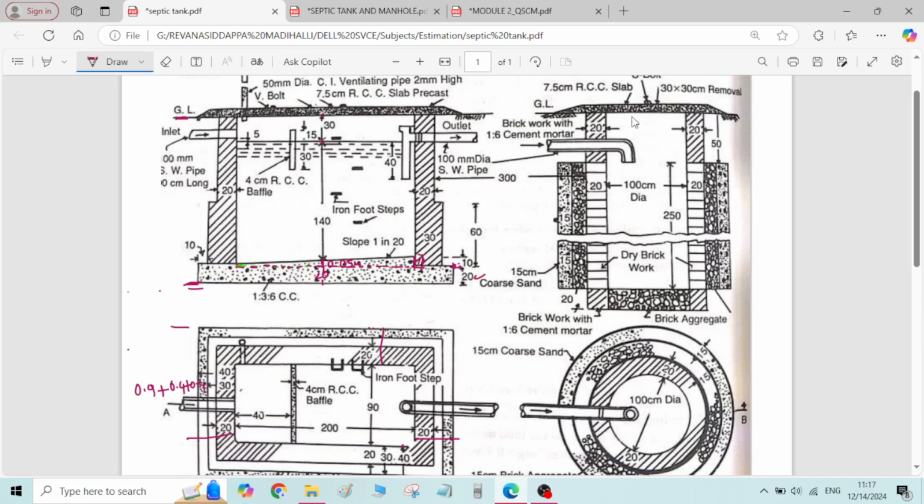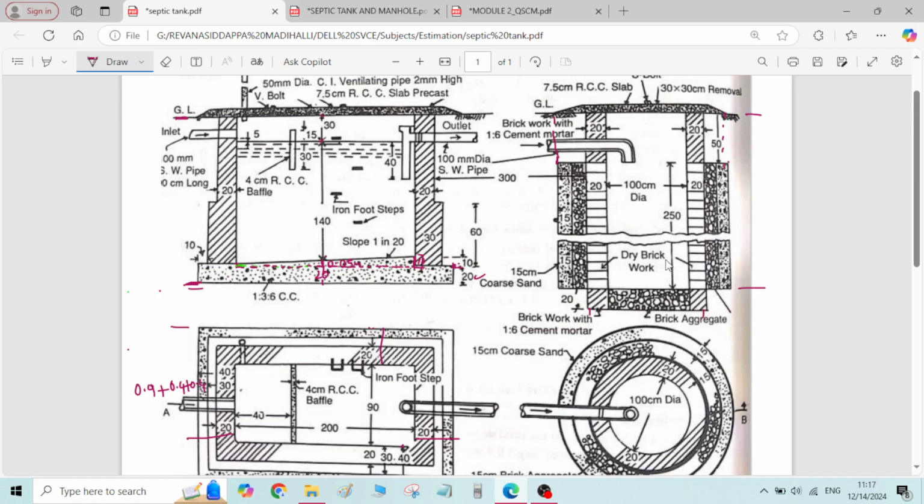See, from here to here we have a diameter from this point to this point. Up to 50 plus 250, up to 300 centimeter depth, we will have some diameter, and after 300 centimeter, means after 3 meter height, we have different diameter.